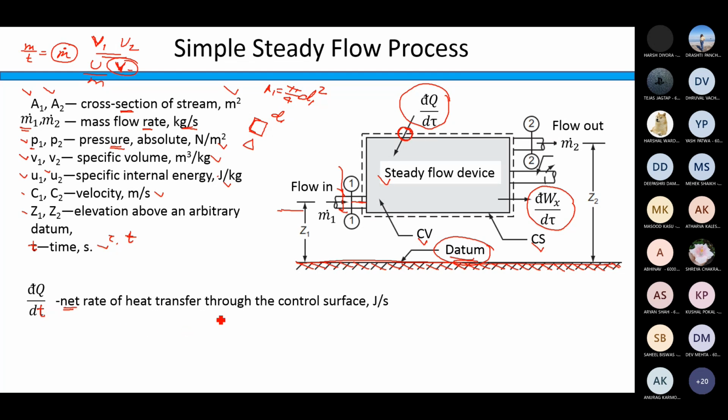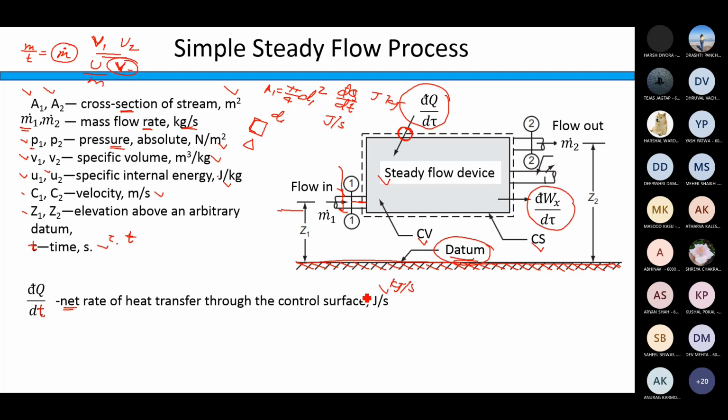This is the net rate of heat transfer through the control surface, which is measured in joule per second. Now we know Q is measured in joule or kilojoule, but its rate, meaning its variation with respect to time, will be measured in joule per second. That's why d bar q by dt will be given in joule per second. And we are not going to use kilojoule per second here.